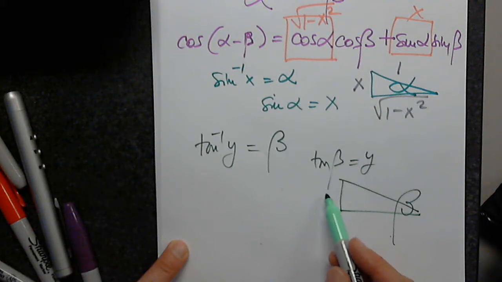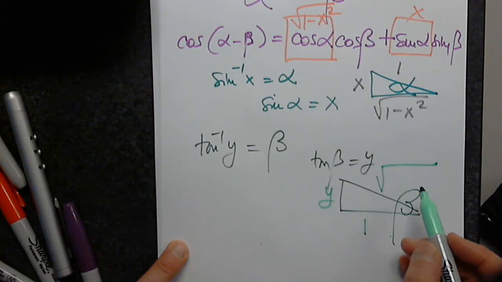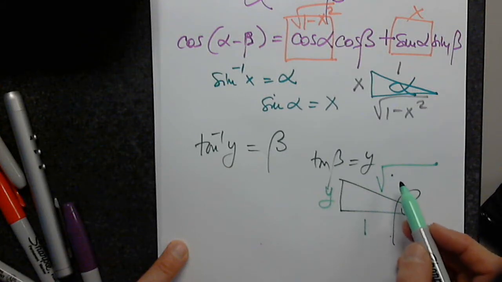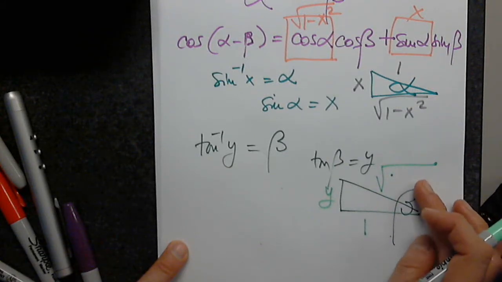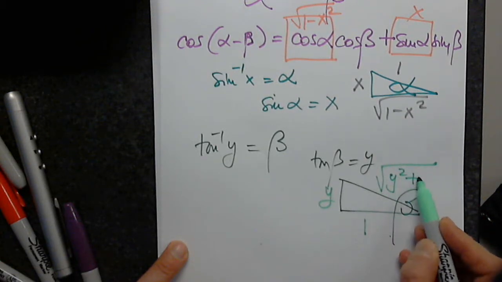The opposite is y, and the adjacent is 1. So therefore, the hypotenuse is. Say it again. It cannot be minus because it's the longest side, right? Plus.